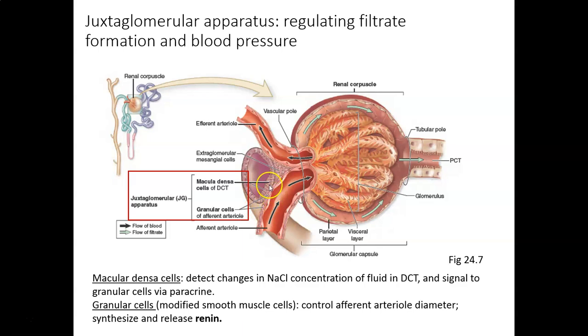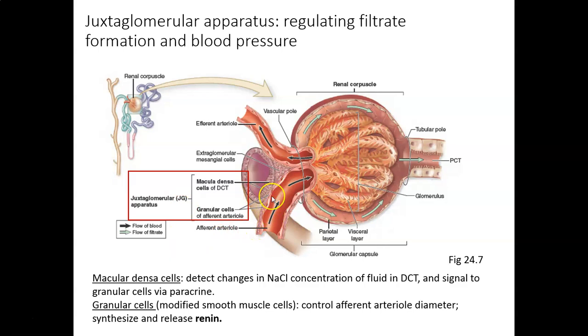So together, those kinds of cells touch each other on their backside, and they form this apparatus called the juxtaglomerular apparatus. So juxta meaning right next to, right? Right next to what? Right next to the glomerulus. So that's why it's called the juxtaglomerular apparatus, or JG.